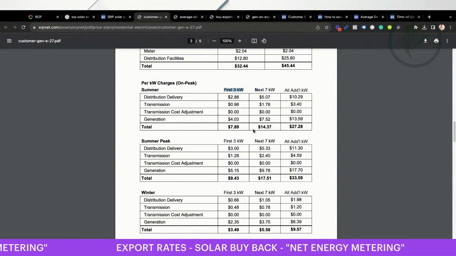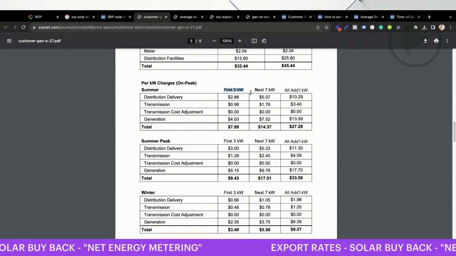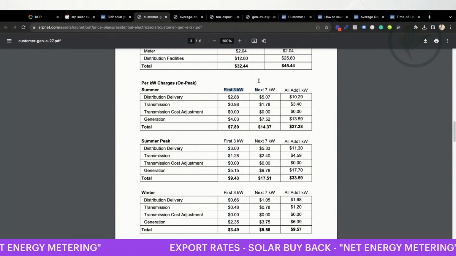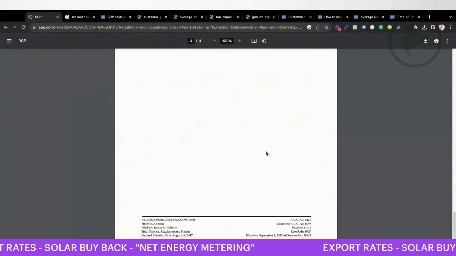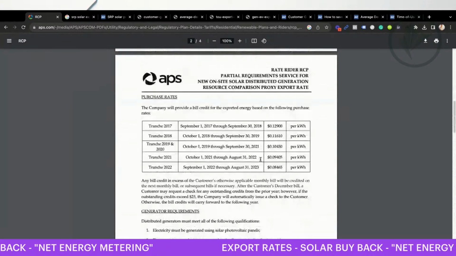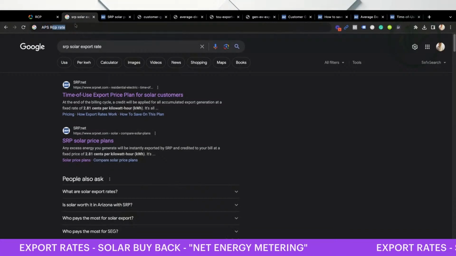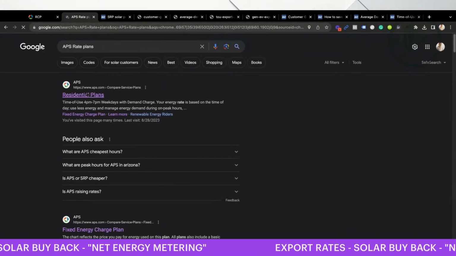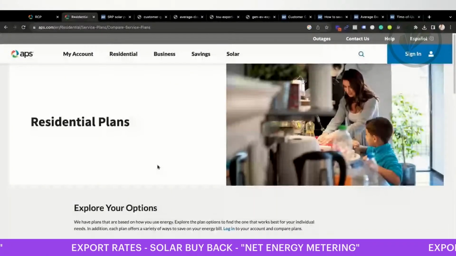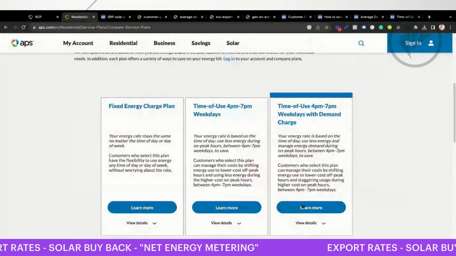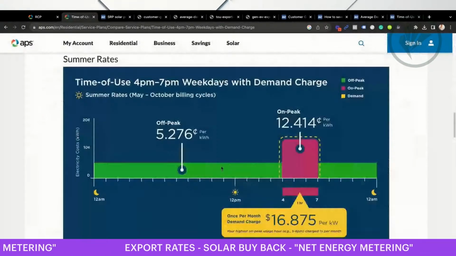And again, SRP is one of the more complicated. And APS, we're getting towards this. This is where things are going to start making some sense. Because if we actually go back to the RCP rate, this just explains what the buyback is. But if we go to APS rate plans, you're at a point where you're going to want to probably start going towards these demand-based plans, just because you really want to fight that on-peak, off-peak.